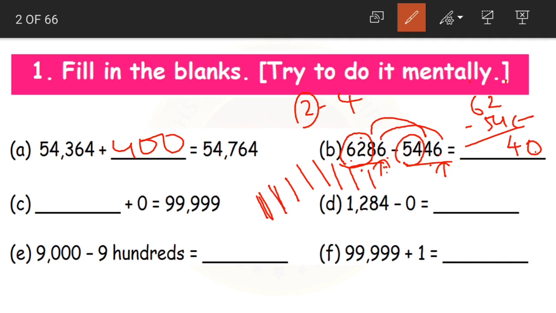Then again 56, open another finger. In that way 1, 2, 3, 4, 5, 6, 7, 8 fingers will be open until we reach 62. How many fingers will we get, children? We'll get 8 fingers. So the answer is 840.